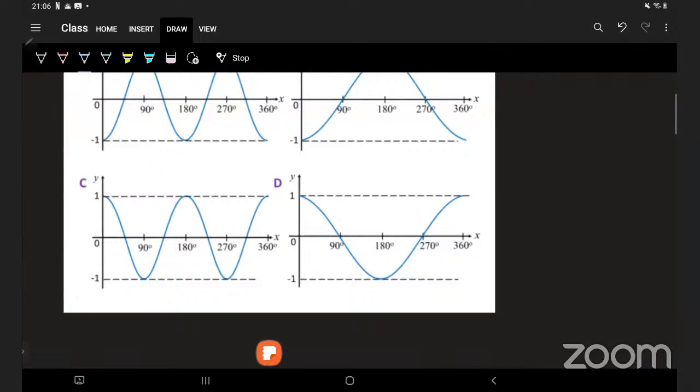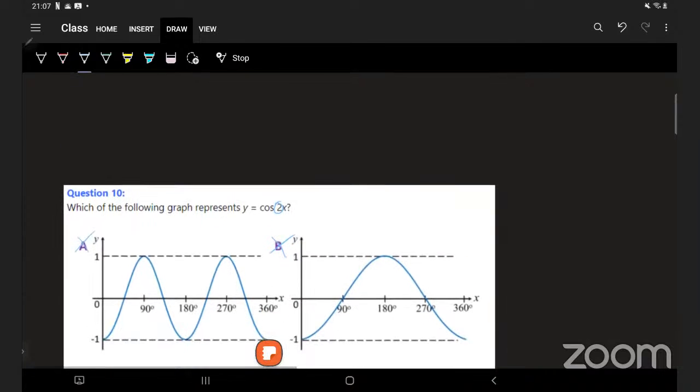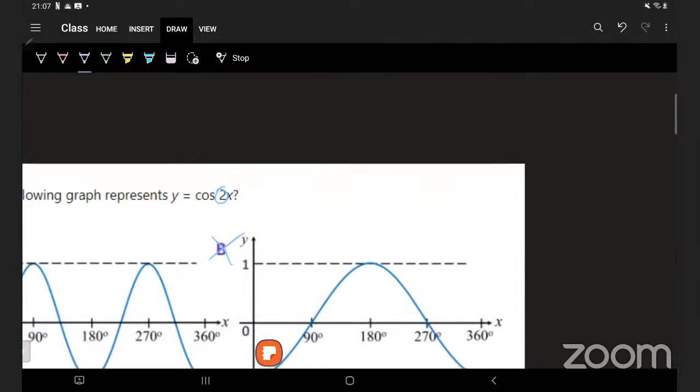Now, D would be a normal cosine graph, y is equal to cosine x, because it shows one cycle from 0 degrees to 360 degrees. But the question asks for cosine 2x, and just remember the coefficient inside means 2 cycles in 360 degrees.